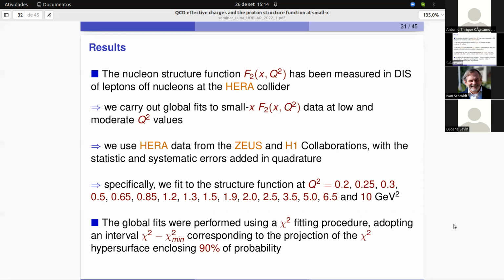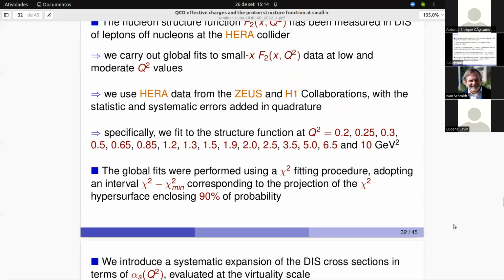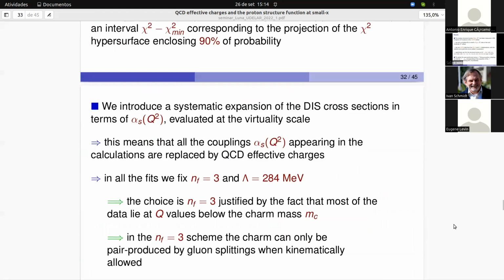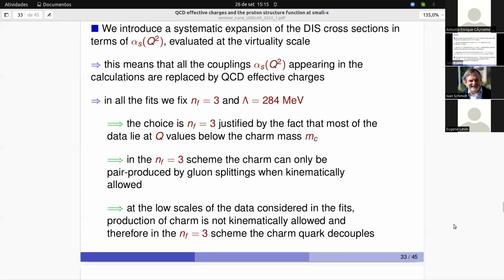We will talk about this in some seconds. We have used a chi-square procedure with a confidence level of 90% and so on. We fixed the number of flavors equal to 3 and lambda equal to this value. In the paper you can see the reasons for that.